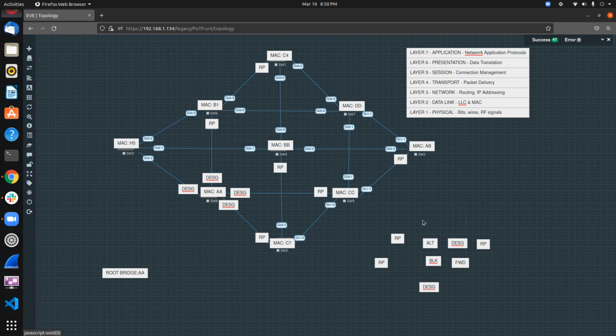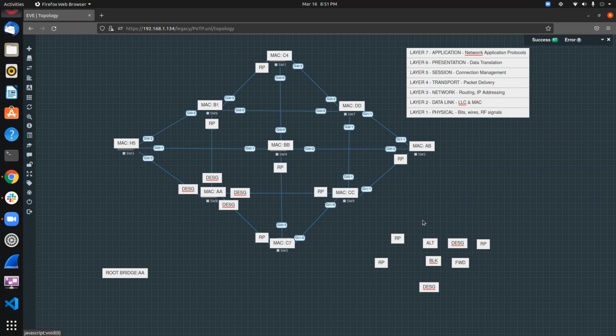So why are we talking about cost if we already identified that from switch 7, both costs are the same? I thought we were using our tiebreaker, which is the lowest bridge ID. Why are you choosing switch 6, which is switch 7 gigabit 0/0? Why are we using that path instead of the path towards switch 9? Because the MAC address for switch 6 has the lowest bridge ID.